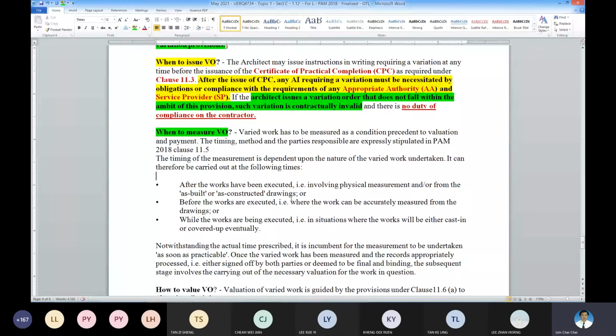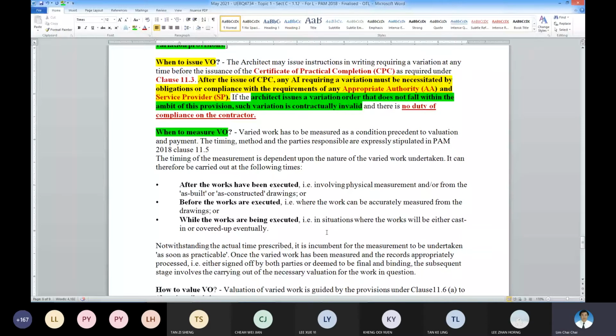Before the work is executed is for working out the budget. While the work is being executed is for very big jobs, where there will eventually be progressive payment to be claimed while the work is being executed.